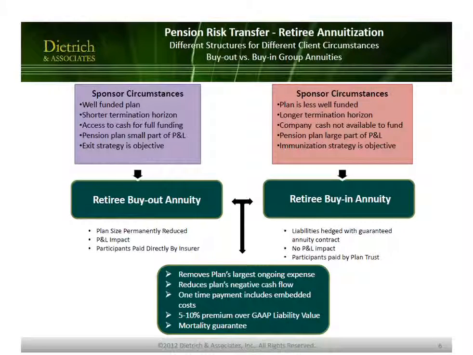The last thing I would add is that sponsors should not feel that they need to do this all at one point in time. Moving away from this sort of terminal funding mindset is going to be important for pension plan sponsors to consider, or else they're going to be in a position to be all right or all wrong around how and when to exit their liabilities.